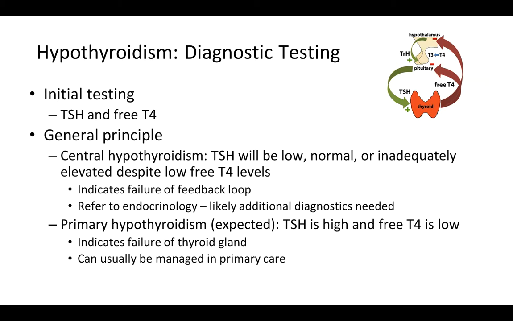If this is true, if your feedback loop has failed, then you probably are going to refer them to endocrinology. So primary hypothyroidism can be managed in primary care. Central hypothyroidism should be referred to endocrinology just to get that initial diagnostic testing done and figure out what exactly the cause is. And then you may or may not get that patient back to come to you for management.